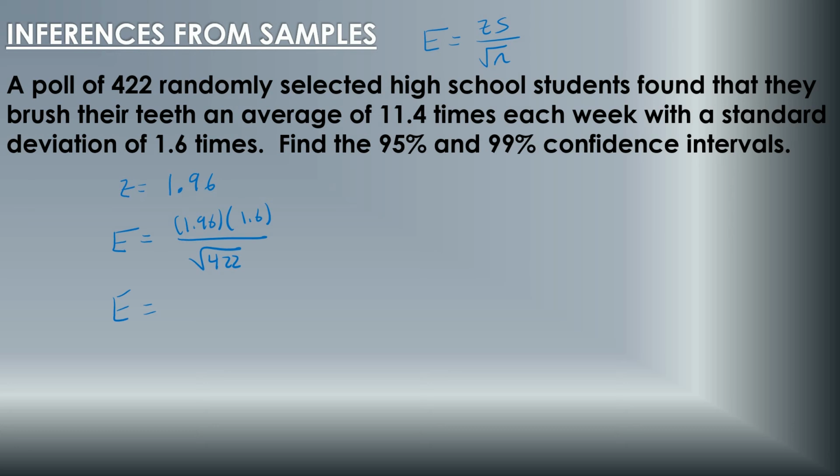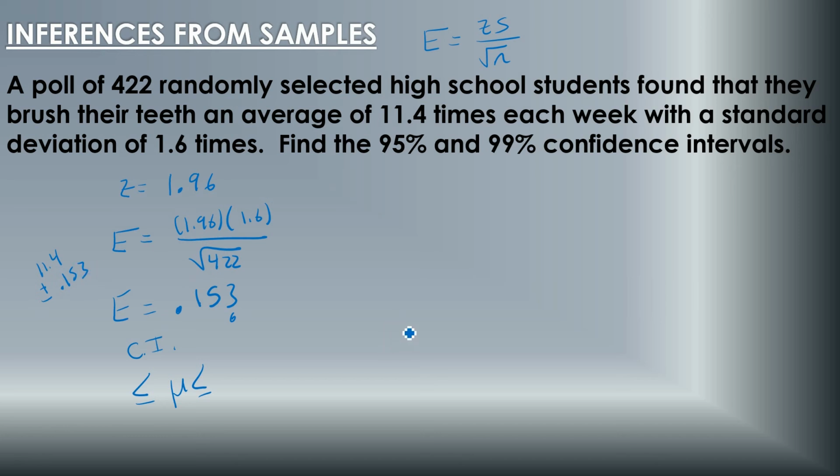And we don't expect there actually to be a lot of room for error, and there's not. It's 0.153. So my confidence interval at 95% level is going to be, I'm going to take 11.4 and I'm going to add and subtract 0.153 from it.